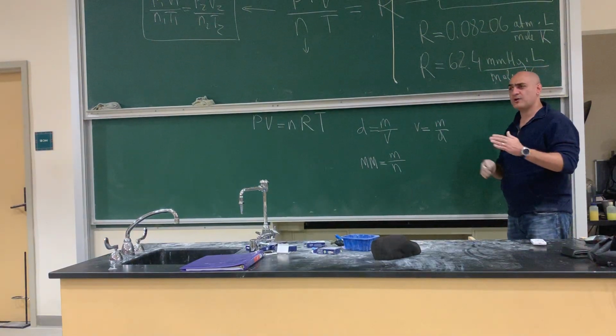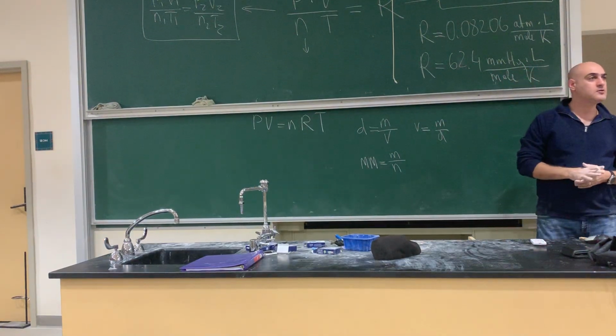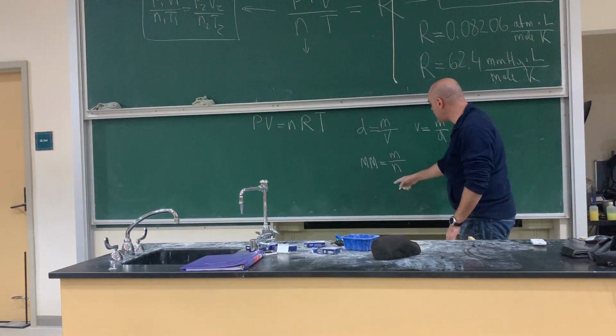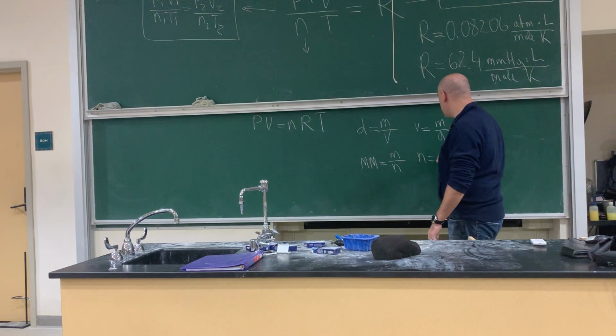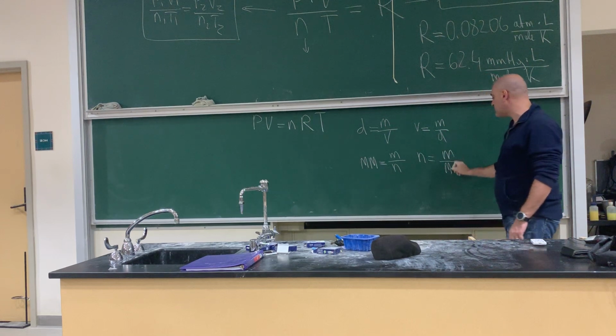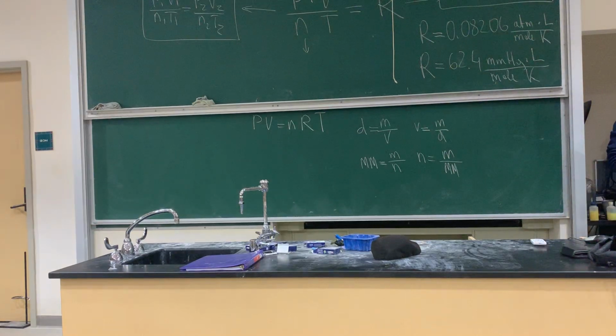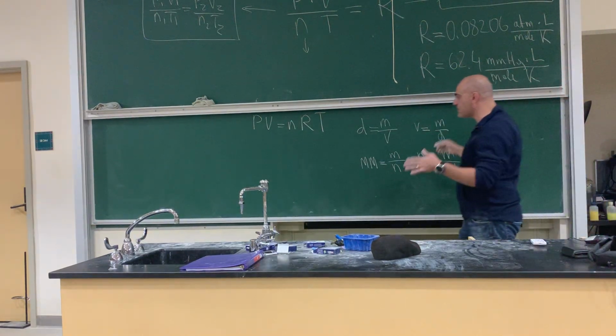You guys want to know how I do my algebra? We could talk. And then I have, in this case, I could rewrite moles in terms of mass over molar mass. And I'm just going to replace volume and the moles in terms of these other variables.